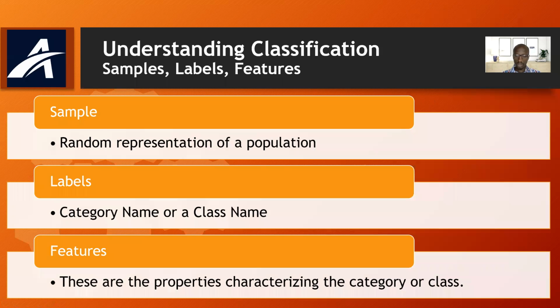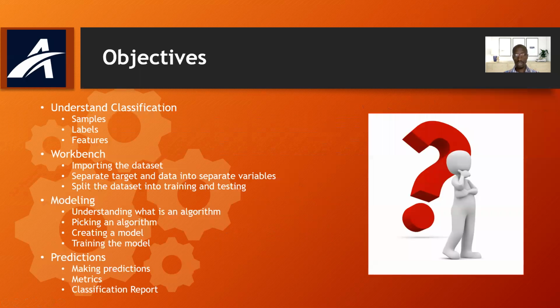Basically, the objective of this class is to understand classification, where I'll walk you through samples, labels, and features, what they are, and why they are significant. The workbench is Jupyter Notebook, where we look at importing the dataset, separating target and data into separate variables, and I also show you the code for splitting the data into training and testing sets, and why that is important.